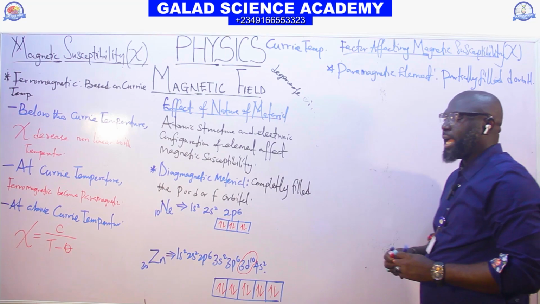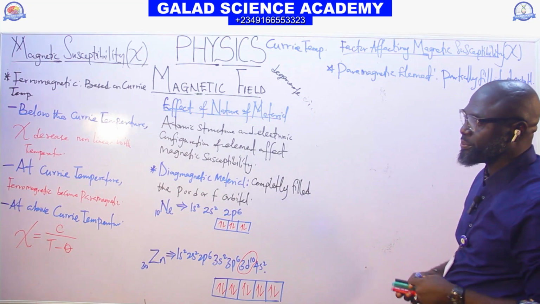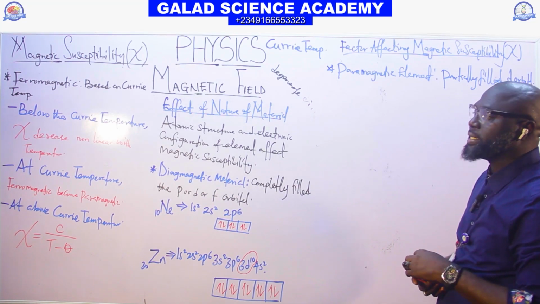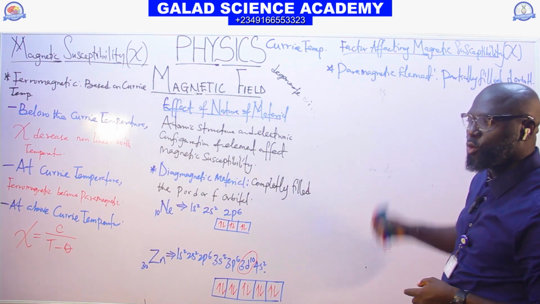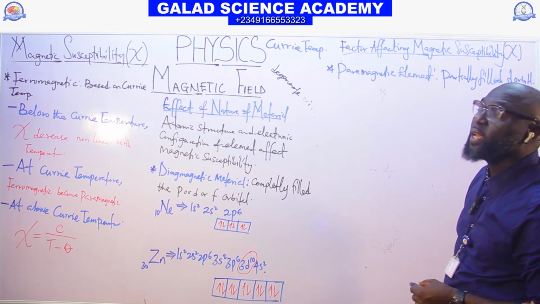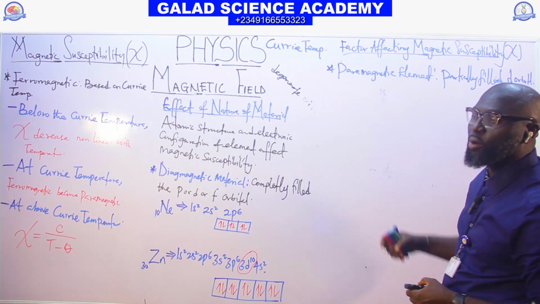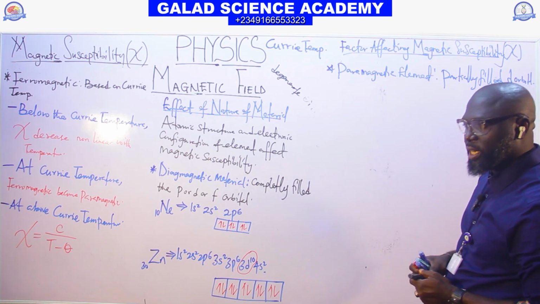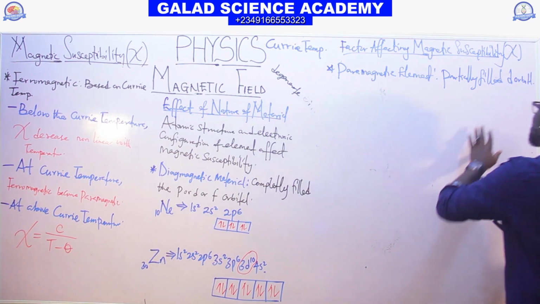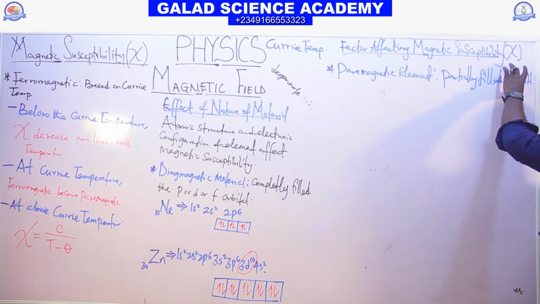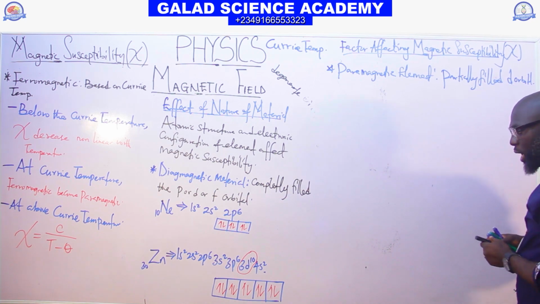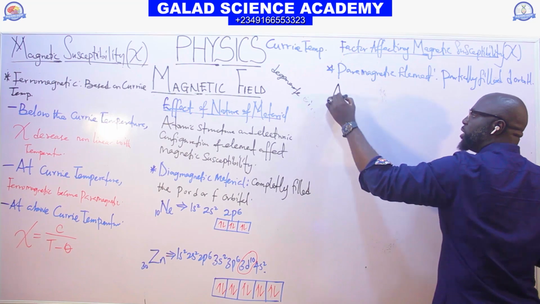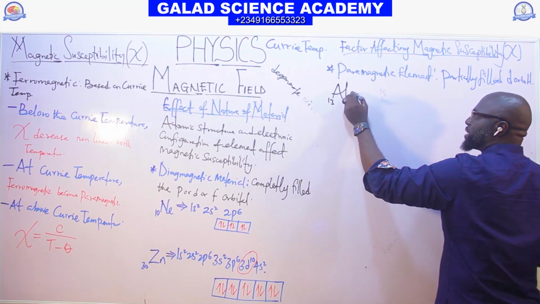Let's check an example of paramagnetic. Let me use aluminium. Paramagnetic materials have partially filled orbitals, not d alone, maybe p, maybe d, maybe f. So for example, aluminium, which has atomic number 13.